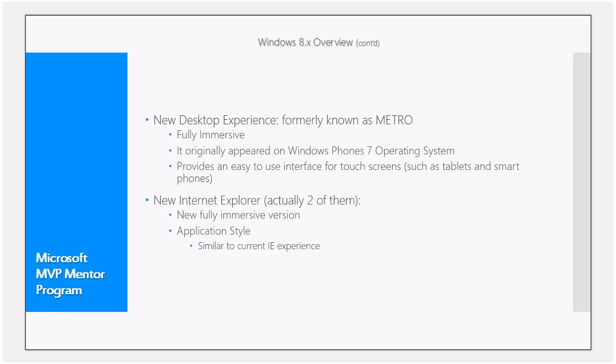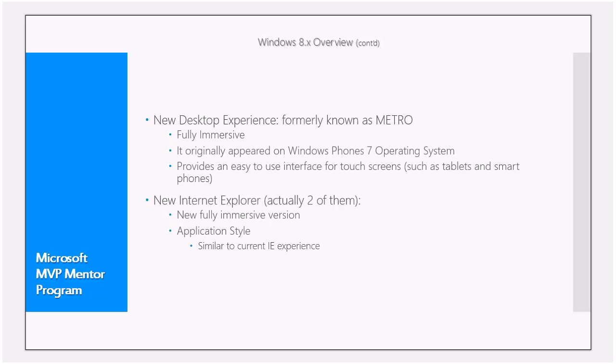So what's the buzz, or what's radical? What's one of the radical changes that we can find in the new OS? Well, first of all, Microsoft borrowed something from Windows Phone 7, which is the new desktop experience, right?